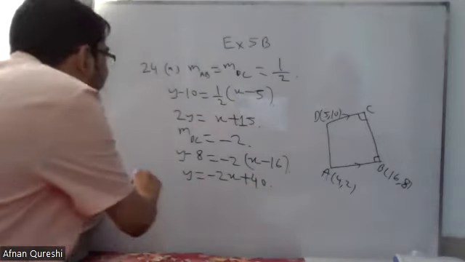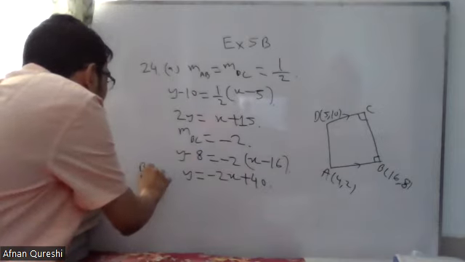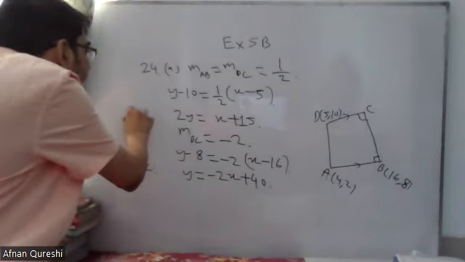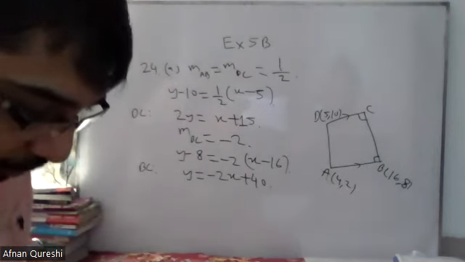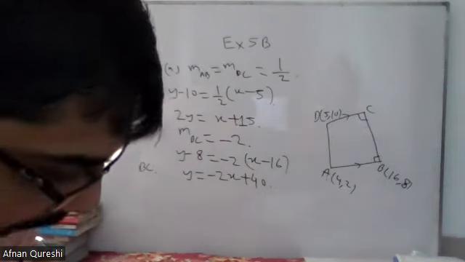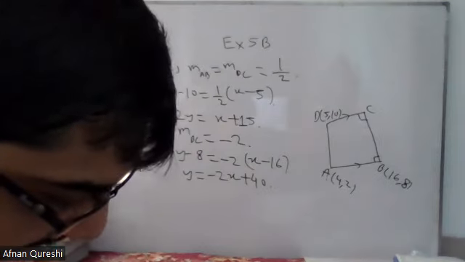So this is the equation of BC, and this is the equation of DC. This is part A.